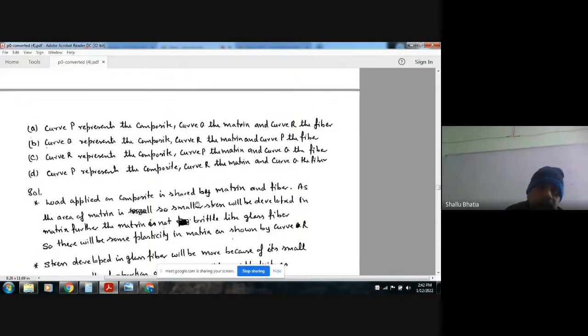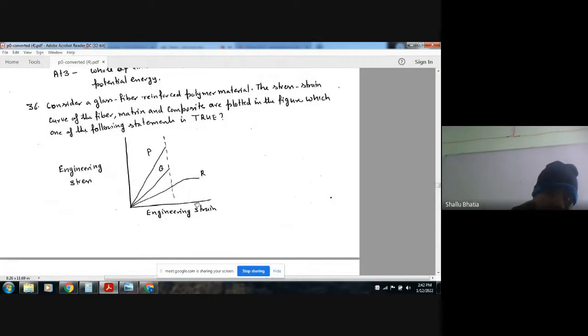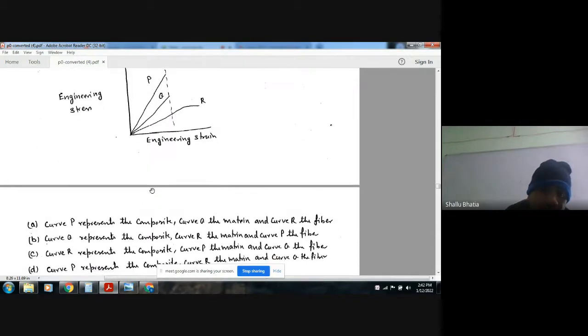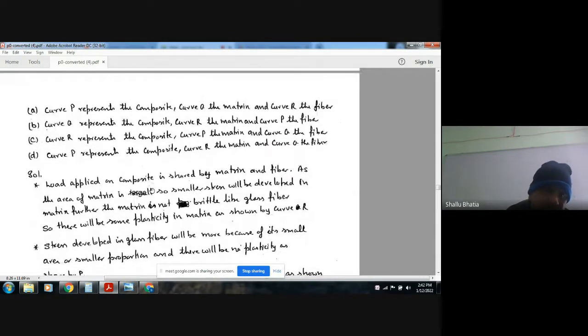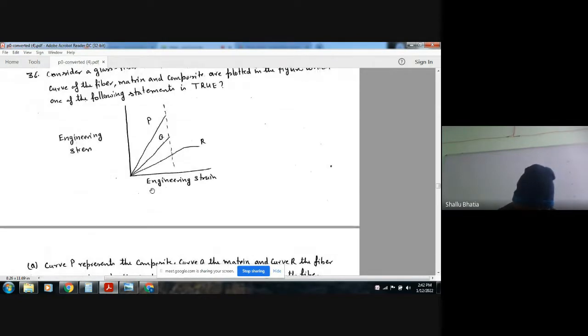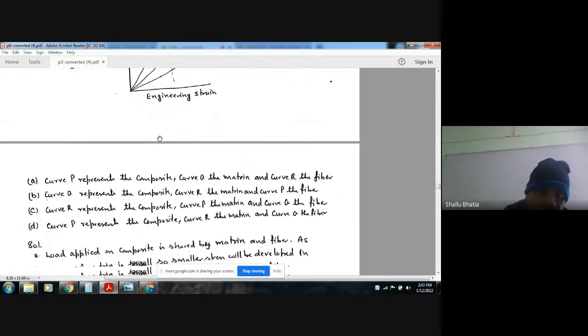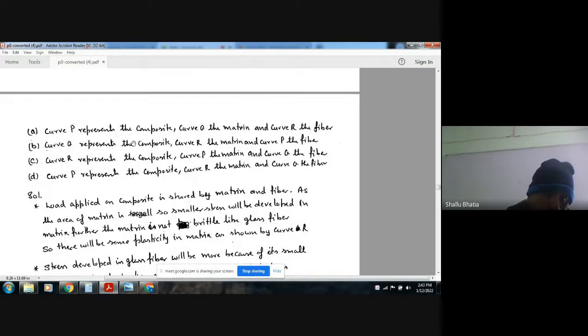Here you can see that the stress for P is more as compared to the stress for R, and the stress for Q is in between. In a composite, the fibers are of very small area, so the stress on the fiber will be more. So P represents the stress on the fiber.